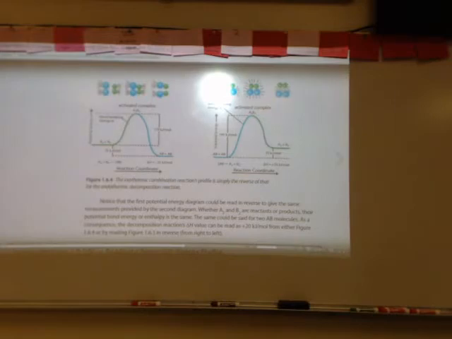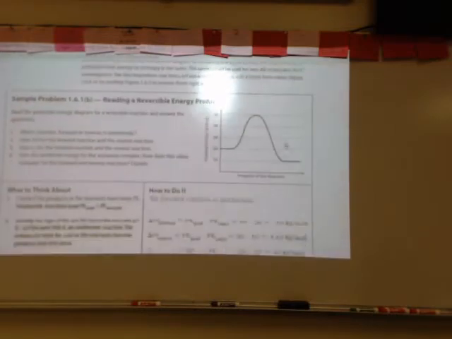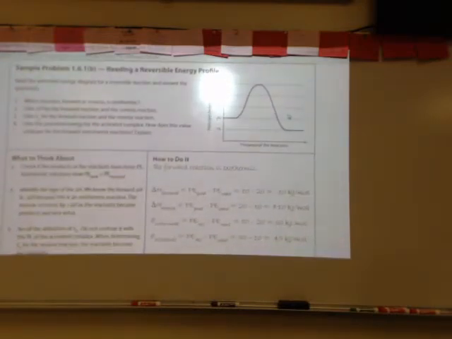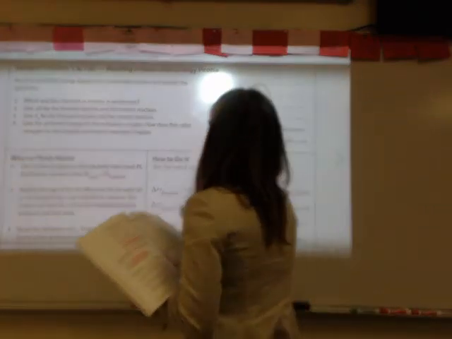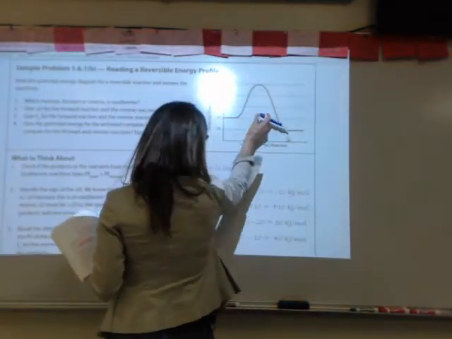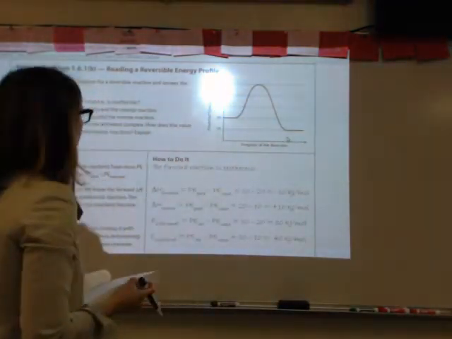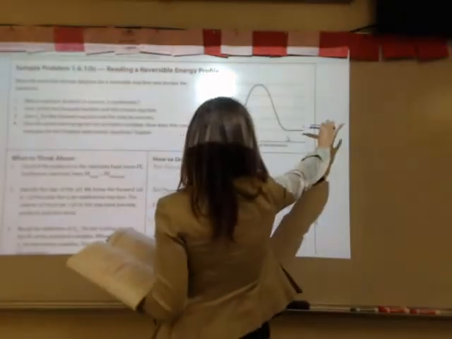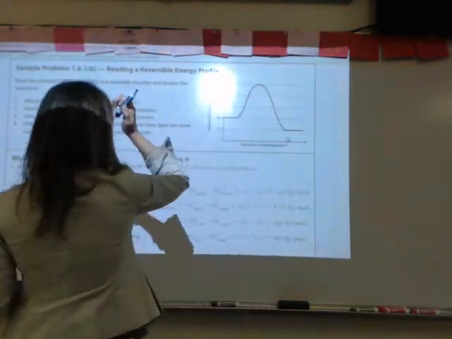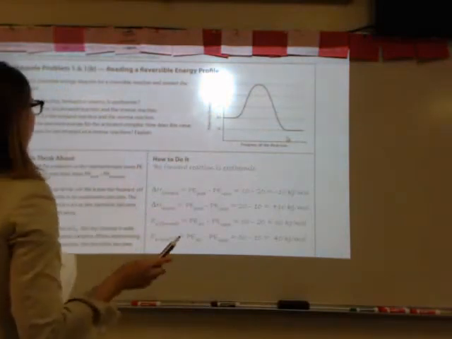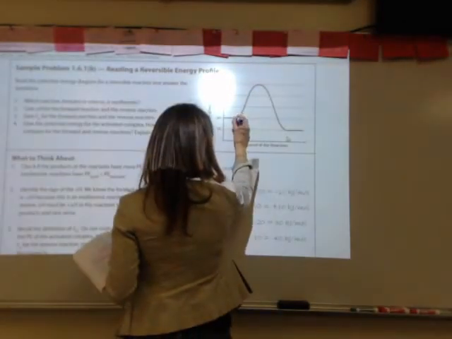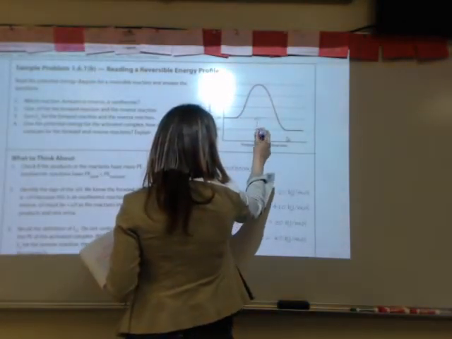So if you take a look here at this sample problem, the forward reaction going from left to right is exothermic. The reverse reaction is endothermic. The delta H of the forward reaction is going to be between here and here.